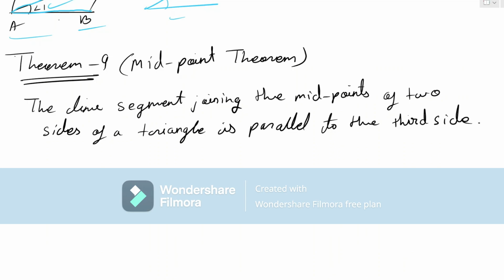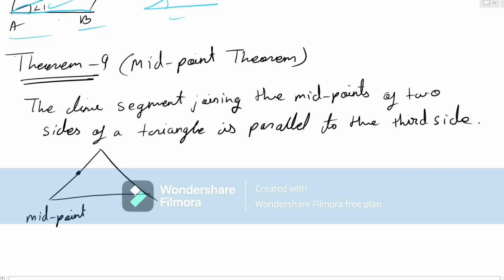Okay, let's draw a diagram of a triangle. Now let's draw the midpoint. I think you guys remember what a midpoint is. If you don't, I will tell you. A midpoint is a point on a triangle or any kind of figure that divides a side into two equal halves.